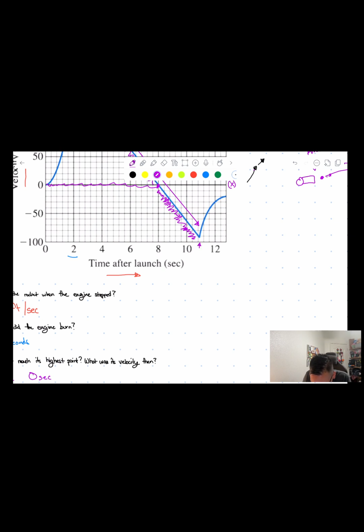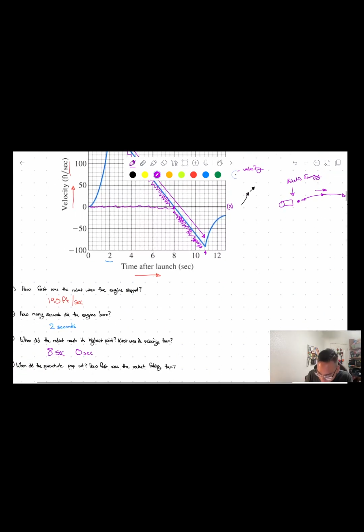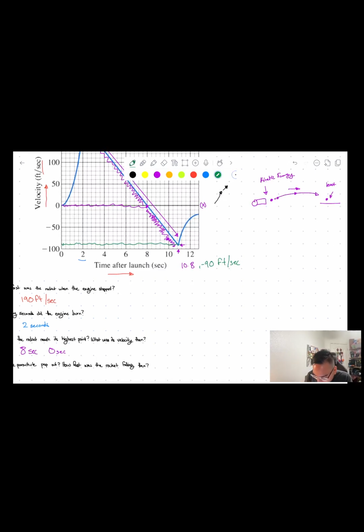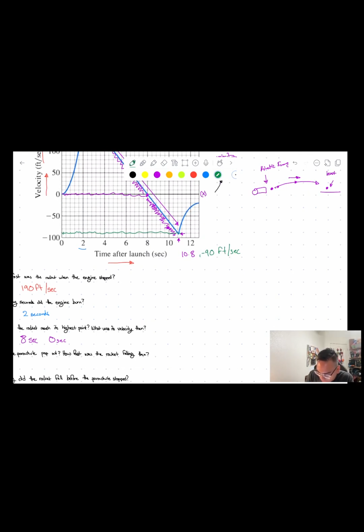So right over here, 10.8 seconds. And we can see that this is at negative 90 feet per second. Now it's negative 90 because it's falling down.